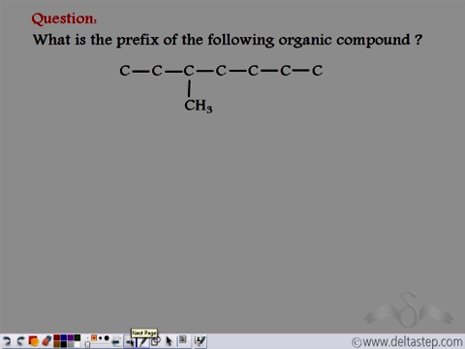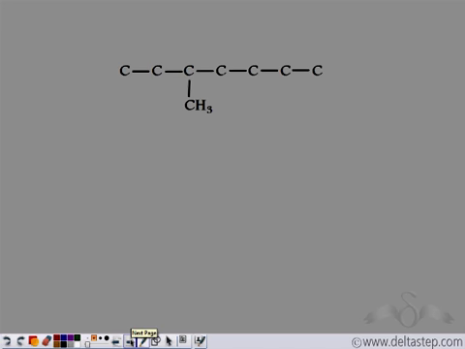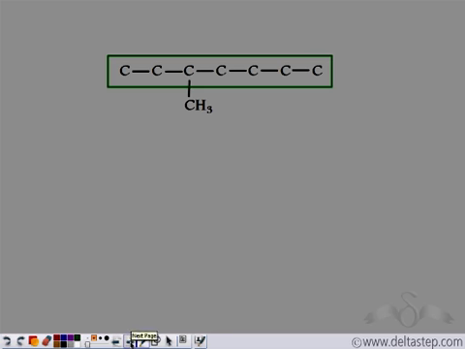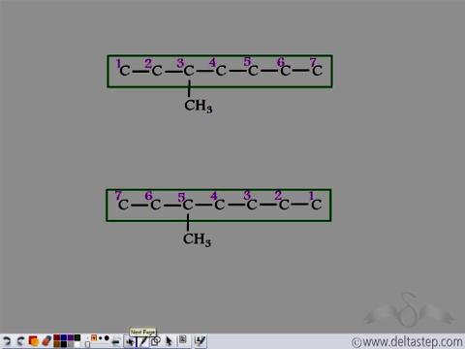Now we have an organic compound. What is the prefix of this organic compound? So let's start. Our first step remains the same. We have to find the longest chain. So we observe that this is our longest chain. Now we have to number the longest chain. We can number it either from the left or from the right.